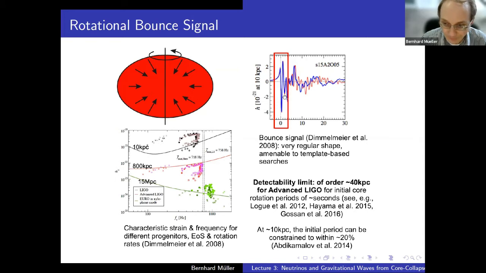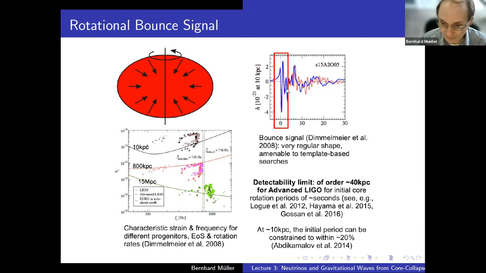You can't really pin that down to a single frequency, but the entire spectrum has a very clear peak, a very clear characteristic frequency, which is of the order of 700 Hertz. That varies a bit depending on the equation of state. And this can be tied to the fundamental oscillation mode of this very small, young proto-neutron star at this time.